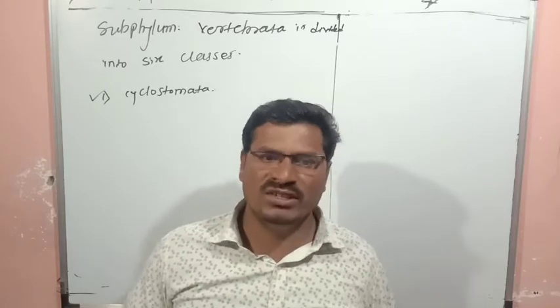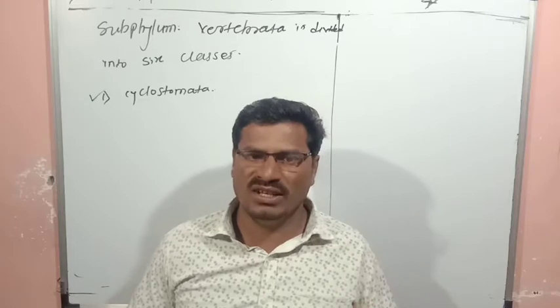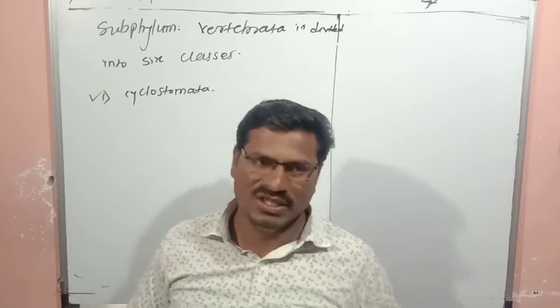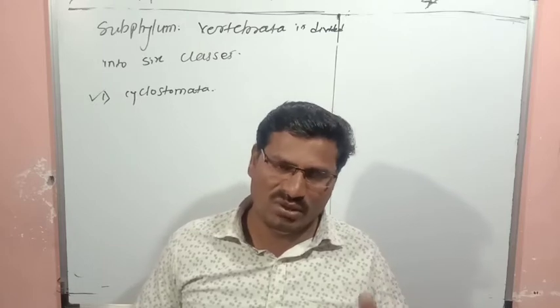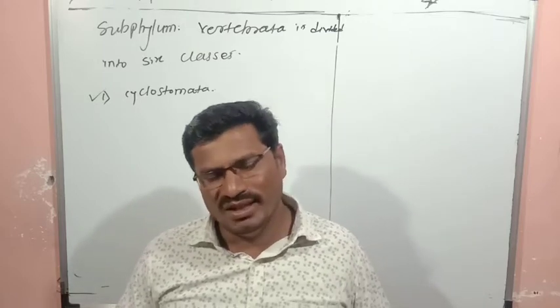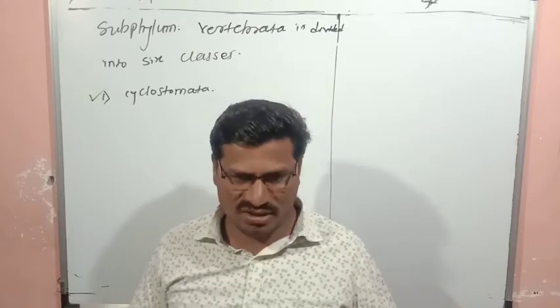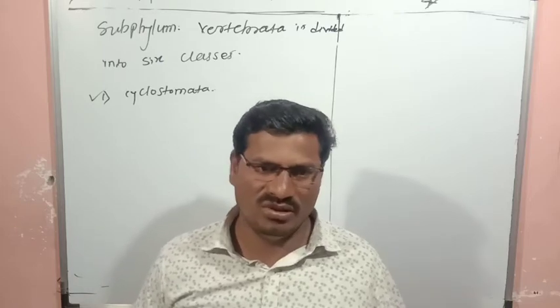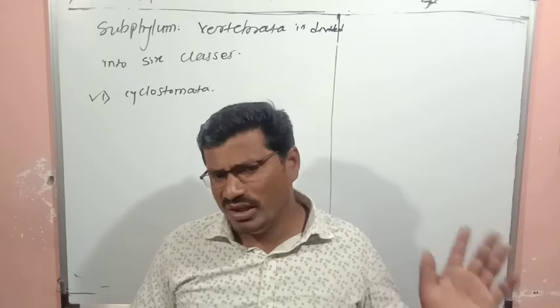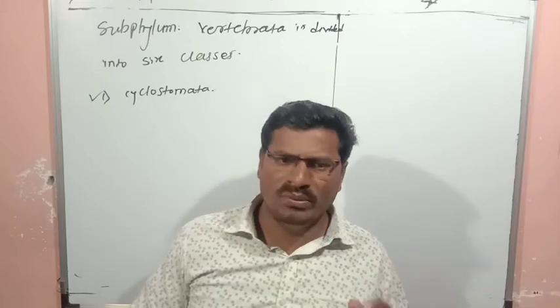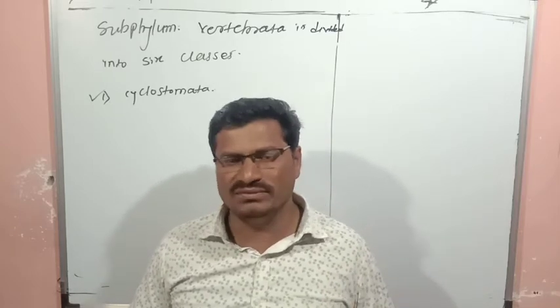And the fifth point is that most of these animals are ectoparasites. Ectoparasites live on the body of the host and get their nourishment by living on the host's body. Examples are Petromyzon and Myxine.